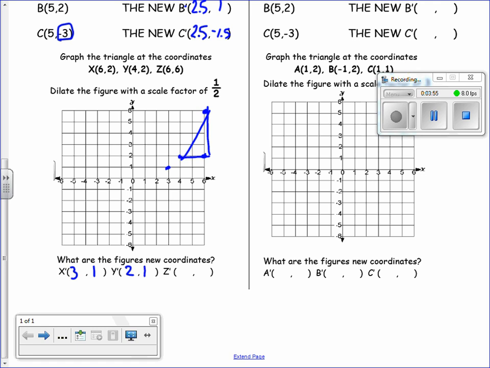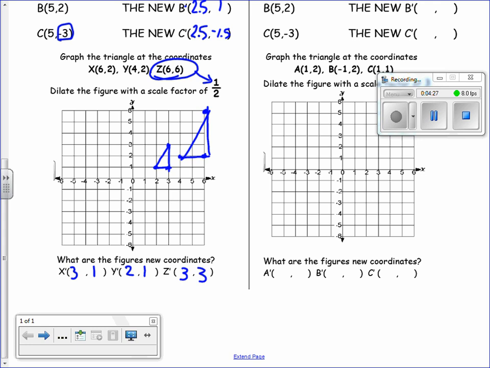Over 2 up 1. And finally, 6, 6. I'm taking this point up here, 6, 6, and multiplying each of those values by 1/2. So my new C prime would be 3, 3. So over 3 up 3. And you can see that I have two similar right triangles. The only difference is my dilated one has become smaller.